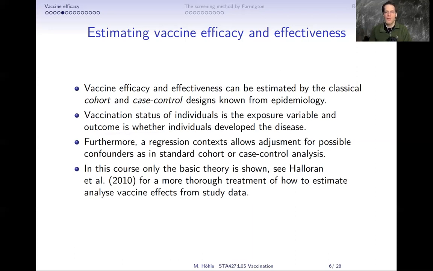Typically, age could be an important factor, because vaccine efficacy develops differently in individuals at young age versus high age. Really the Bible to read on such estimation approaches is the Halloran book, where I provided parts of 2 chapters as reading material.